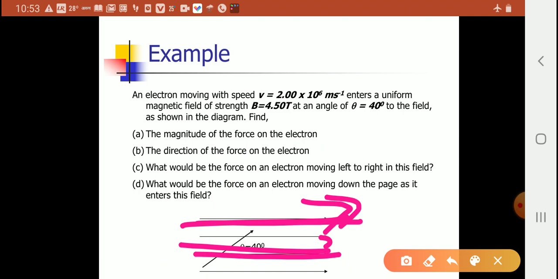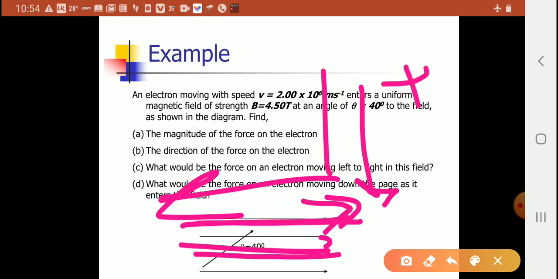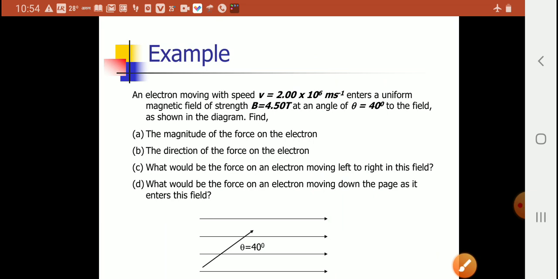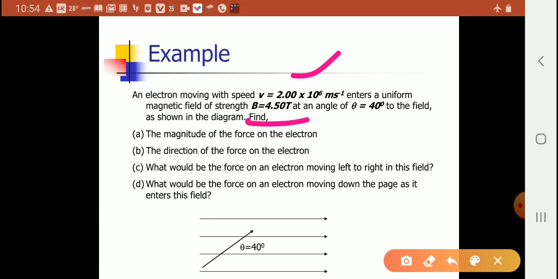What would be the force on an electron moving left to right in this field, right? This is positive to negative, right? So here v equal to 2.0 into 10 to the power 6 meters per second, and B equal to 4.50 T, and theta equal to 40 degrees. Okay.